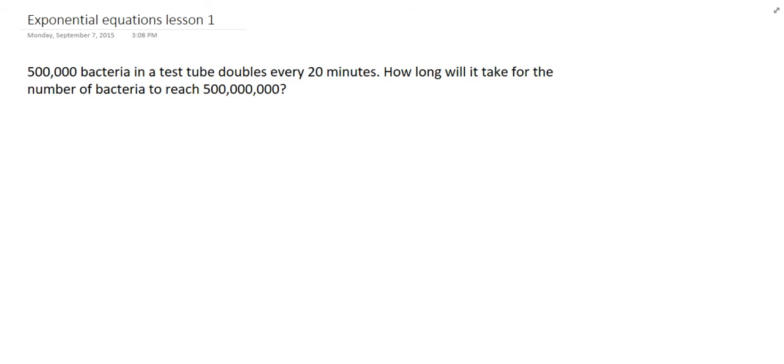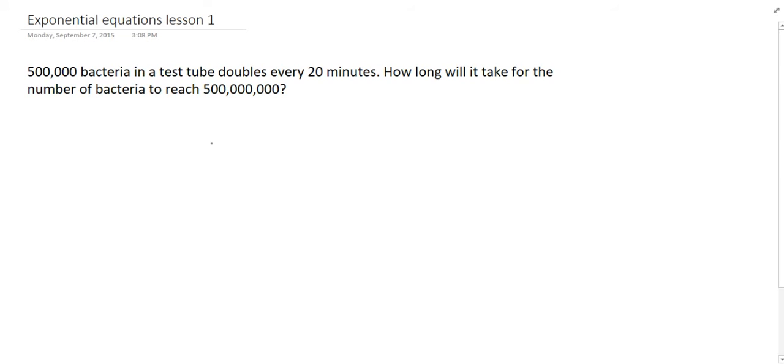The bacteria is doubling every 20 minutes, and initially we already have 500,000 bacteria sitting in the test tube. It doubles every 20 minutes. How long will it take for the number of bacteria to reach a certain amount?